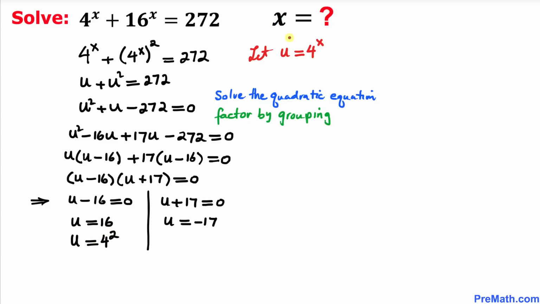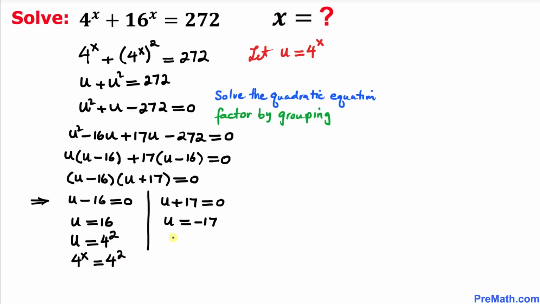But we know that our u equals 4 power x in the very first place. So let's go ahead and replace u by 4 power x in both of these. I can write this one as 4 power x equal to 4 power 2.